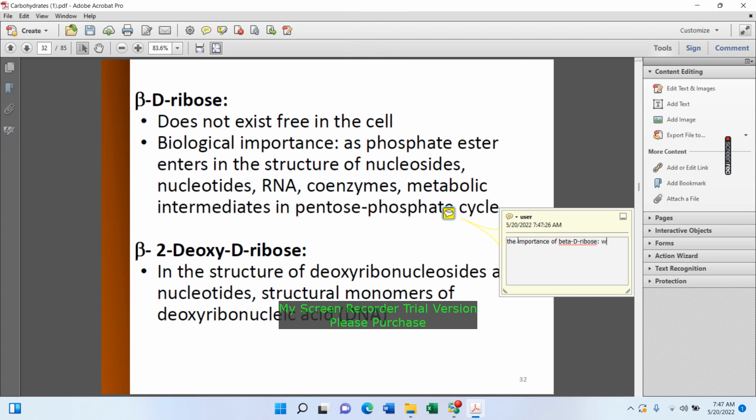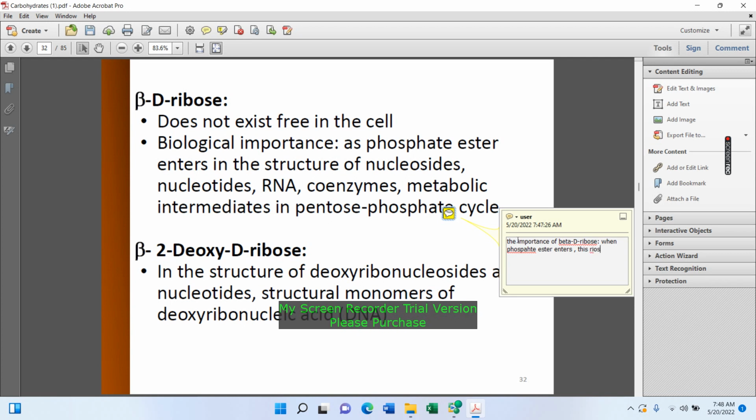Phosphate ester enters the structures of metabolic intermediates.